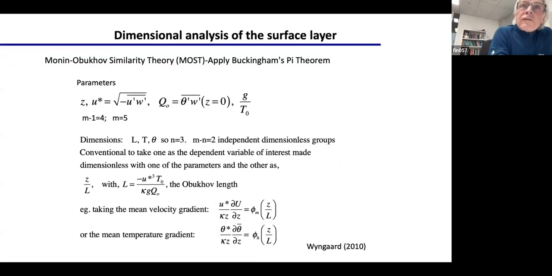And the way we use these scales is simply to apply similarity theory or dimensional analysis, the Buckingham Pi theorem.